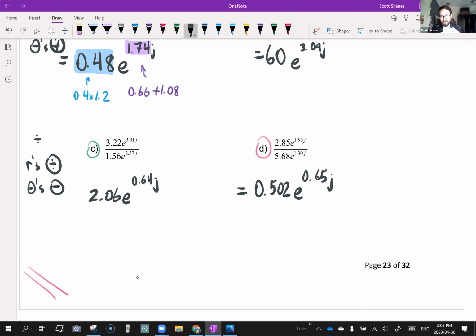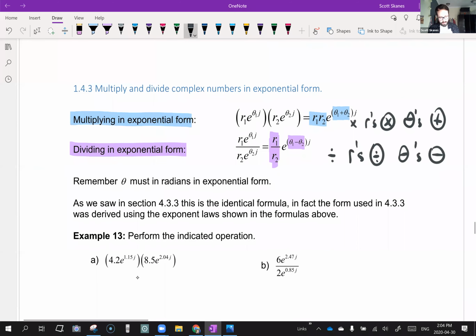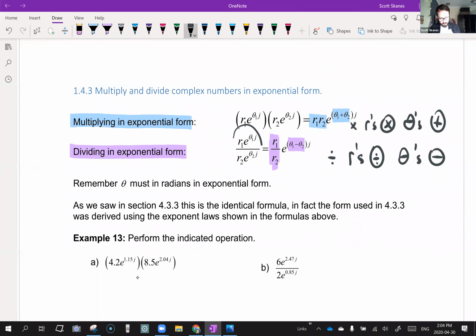That's an easy topic. We already did it in polar form. The rules are exactly the same. And hopefully you see now why it's the same. It's because the polar rules, of course, come back to the exponential rules. If you had a case like this, where you have the same base, but a division, the exponents subtract.